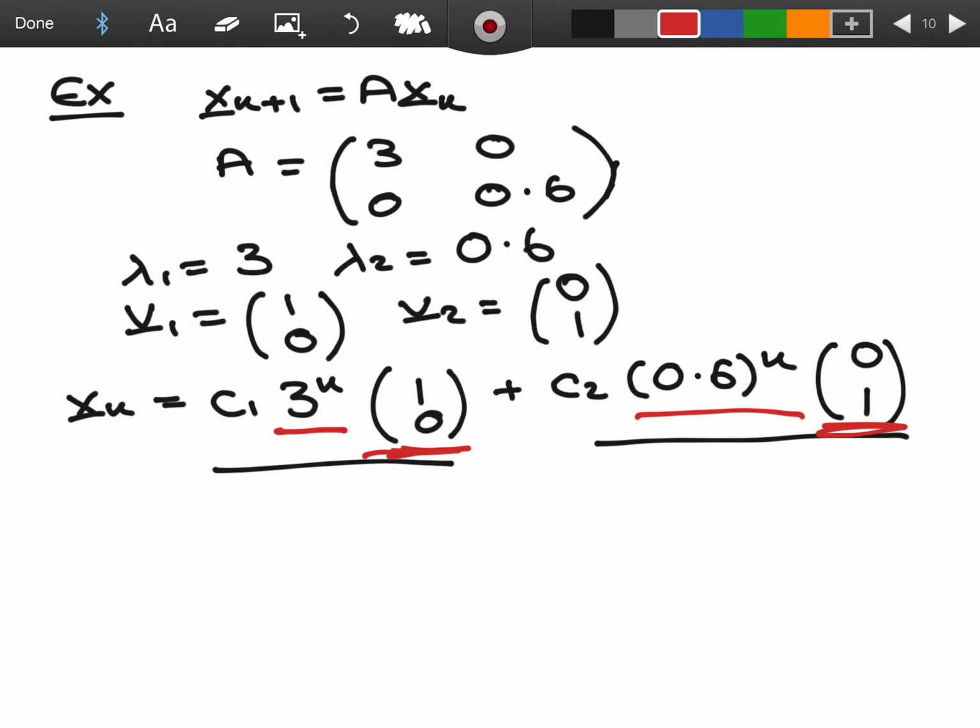But along the direction of the y-axis, in both directions, positive and negative, you're going towards 0, because 0.6 to the k goes to 0 as k goes to infinity. So along the x-axis you're going to infinity, but along the y-axis you're going to 0.